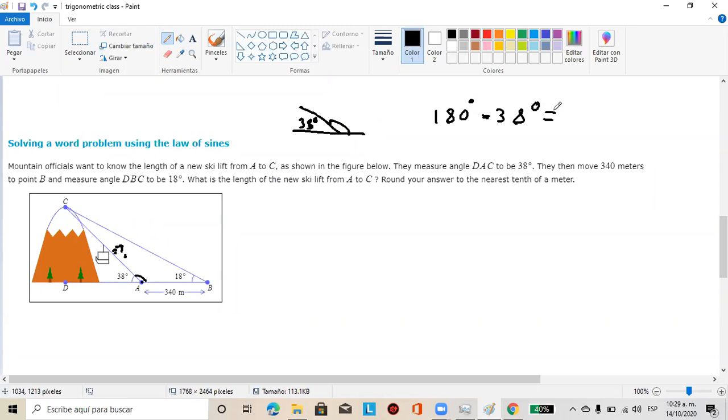So how much is it, guys? Ceci, how much is it? 142. Okay, 142. So we now have two angles on one side.